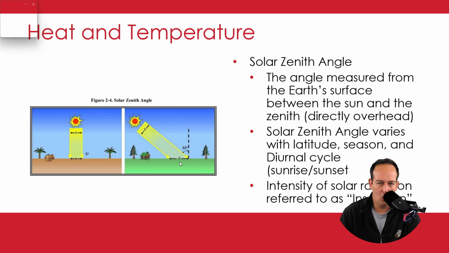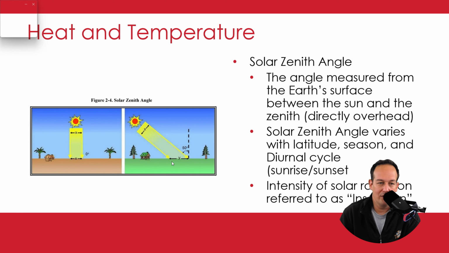So we'll say that this is like 500 yards for this amount of energy received on the right, whereas on the left here, this would be, let's say, 50 yards. And so we're getting a lot more solar radiation, so it's going to be hotter at this location on the left than it is on the right.